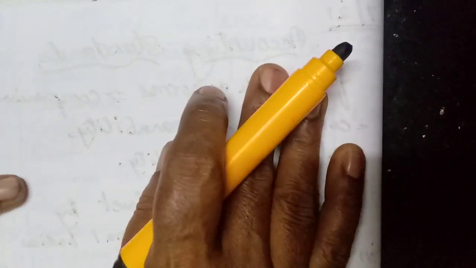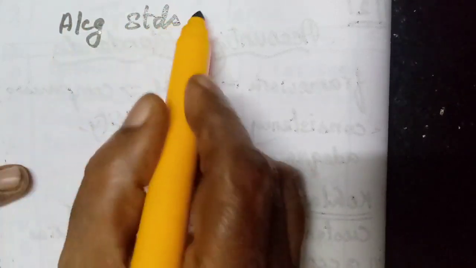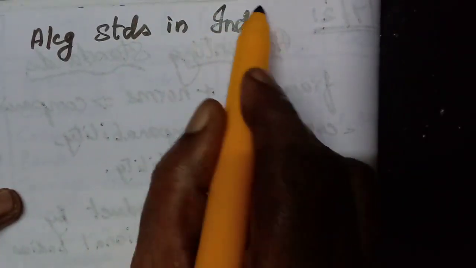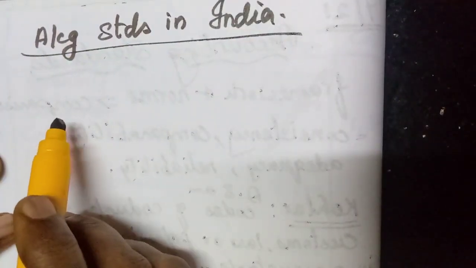Our company accounts can be compared with the accounts of companies which are situated outside India, throughout the world. Now we will learn about the accounting standards in India. The international accounting standards are issued by one board, isn't it?